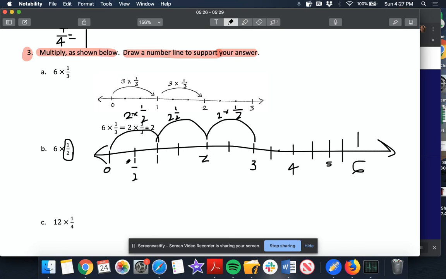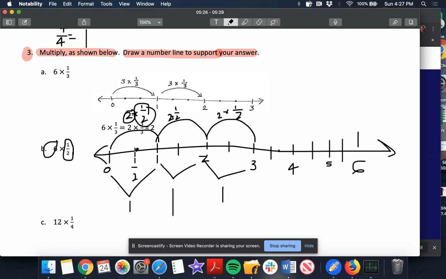And I got that because I divided this up into 2 equal pieces, which is the 2, and my fraction is 1/2. And we know that 2 times 1/2 is equal to 1. And inversely, we also know that we jumped 6 times, 1, 2, 3, 4, 5, 6.